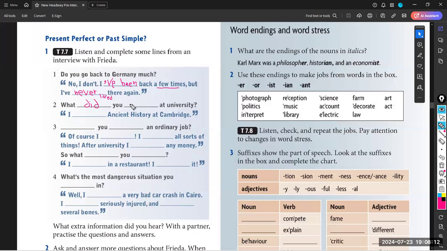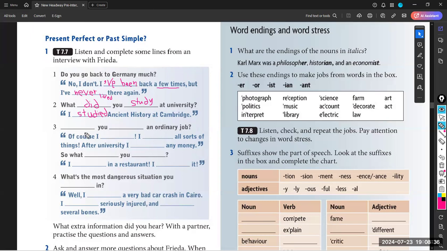Something happened in the past and finished. What did you study at university? Exactly. So studied, thank you, which is the simple past of study. I studied ancient history at Cambridge University.